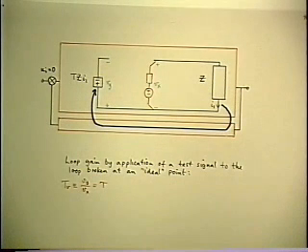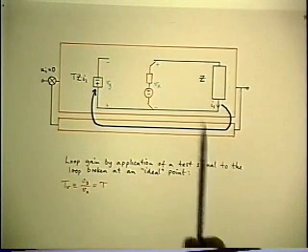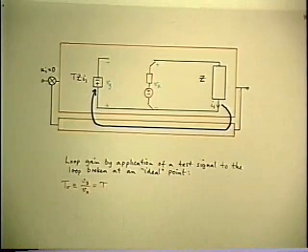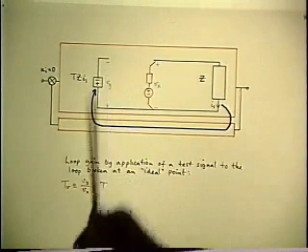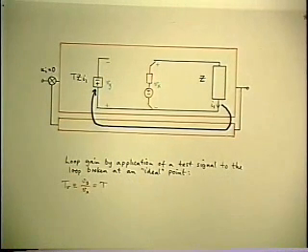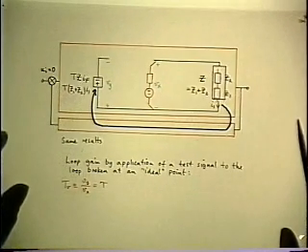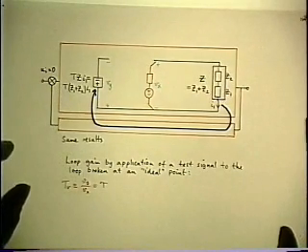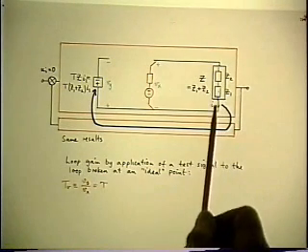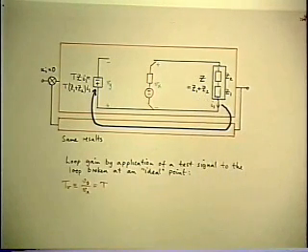Okay, now I'm going to modify this problem to consider the case where we don't have an ideal source. So the first thing I'm going to do is redefine the Z box as being two Z's in series, Z1 and Z2.